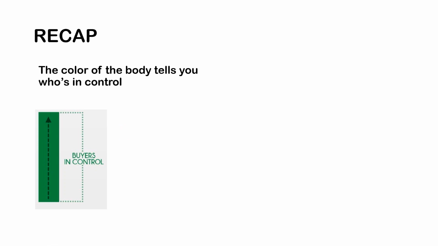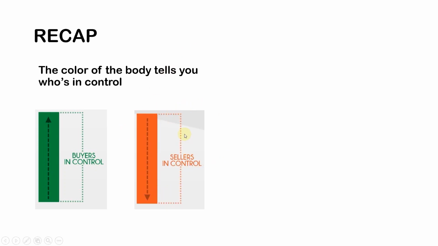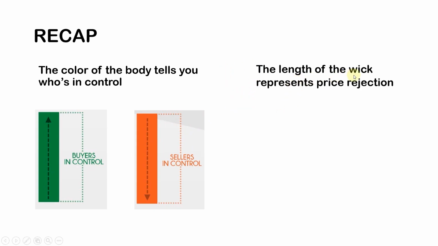I give you 5 seconds to comment right below right now. Okay, 5, 4, 3, 2, 1. Okay, let's see now. This is a red candle, and a red candle shows you that sellers are in control. The next thing is the length of the wick represents rejection of price.